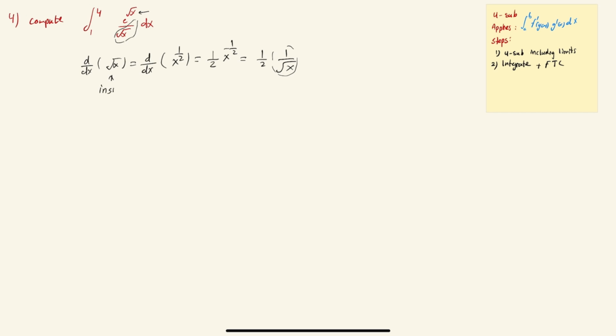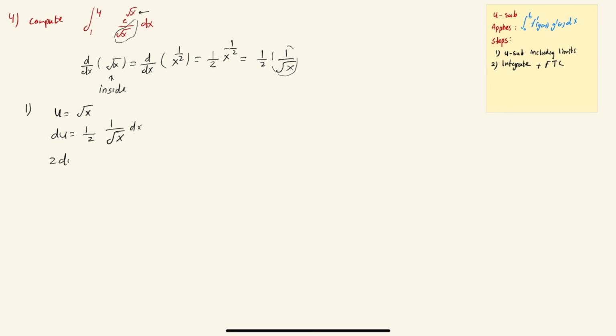The inside function in the first step is u equal to the square root of x. Now, du is going to be equal to half, and then 1 over square root of x, and then dx. Notice in the top, the given integral has just 1 over square root of x dx, so I'm going to move the half to the other side.